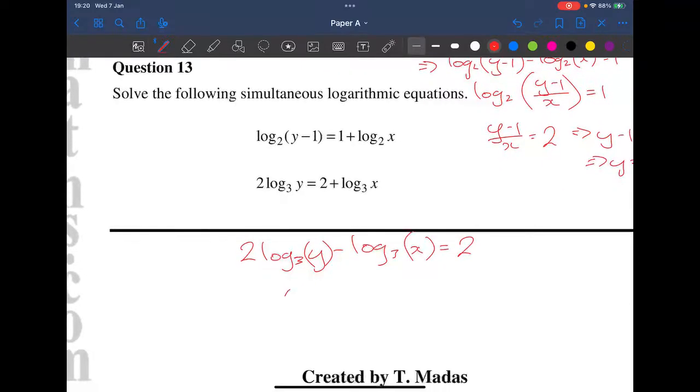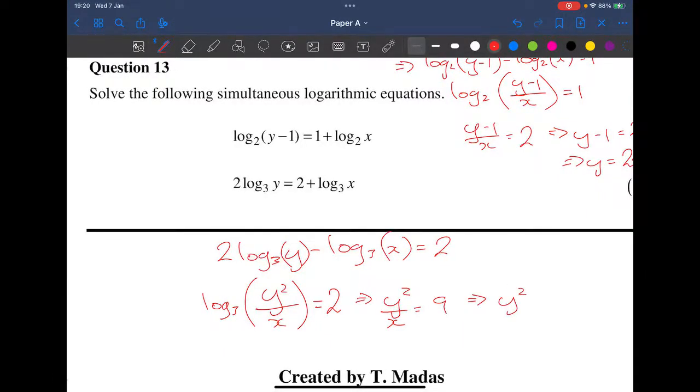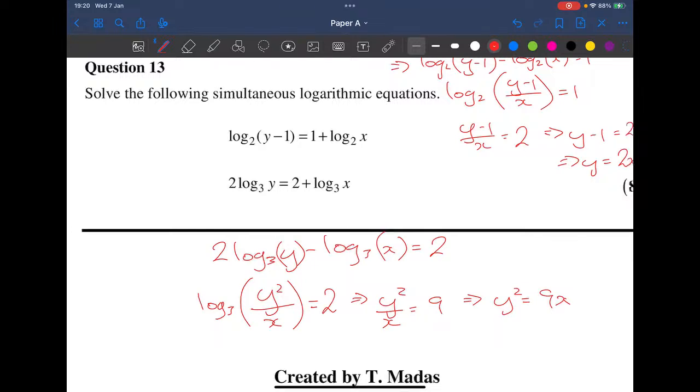So it's going to give us y squared over x, not y over x all squared, but you square just the y and then divide by the x. That's still in base 3, equal to 2. So y squared over x is equal to 3 squared, i.e. 9. Getting rid of the fractions, y squared is equal to 9x.